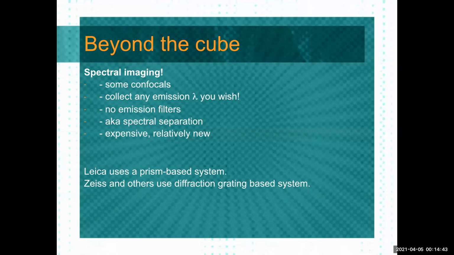Then Zeiss and Leica almost simultaneously came up with what is called spectral imaging, where they allow you to basically create an emission filter custom on the spot in the moment. So when you're sitting at the scope, there isn't a physical piece of coated colored glass that you're putting in the light path, like there is on regular fluorescent scopes, and there used to be on confocals, and there still is on older confocals that are still out and working.